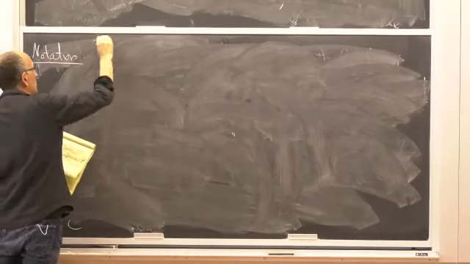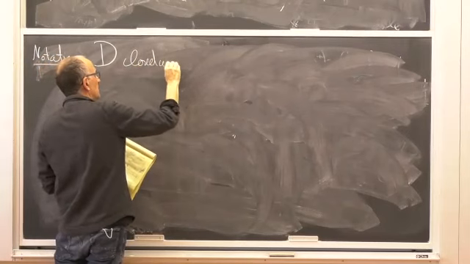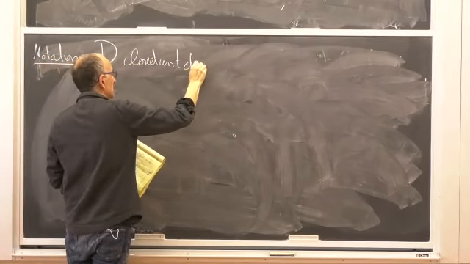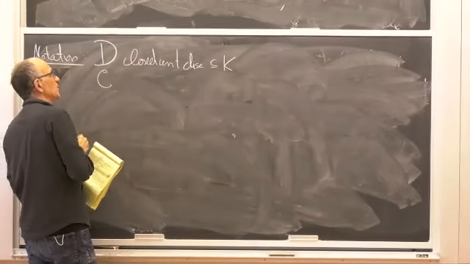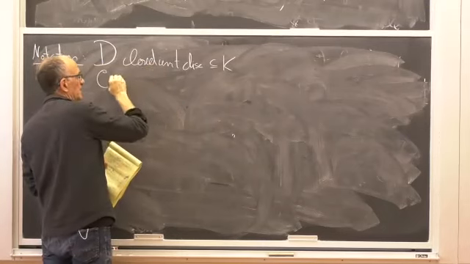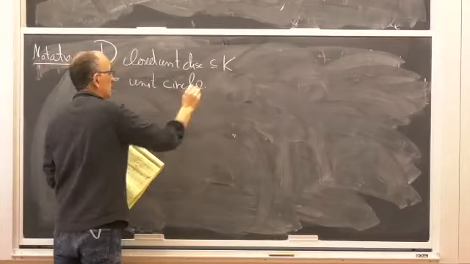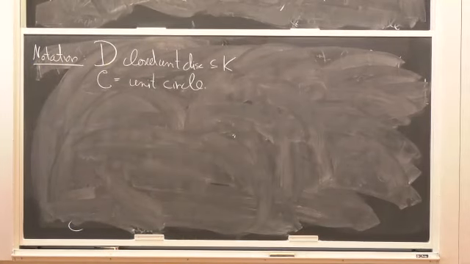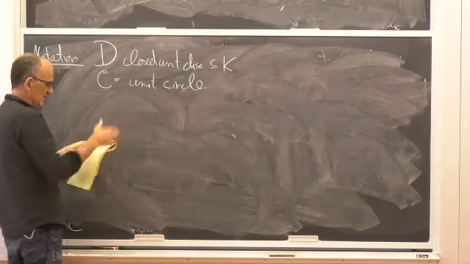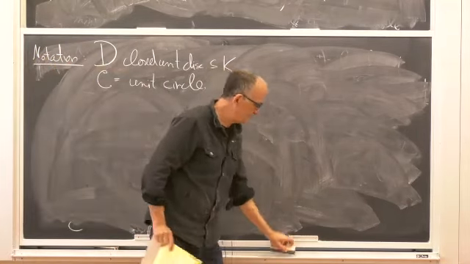Let's write D for the closed unit disk in R2 or in K, and let C be the unit circle. It will not be general; in everything that I will do now, it will be the same D, the same C.